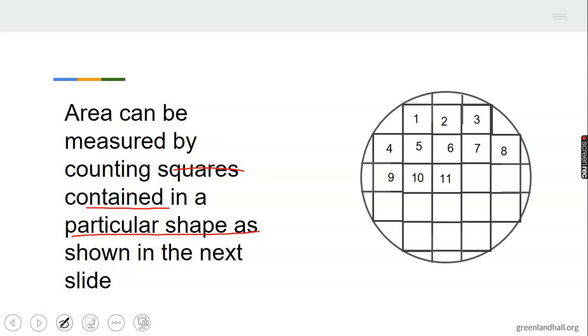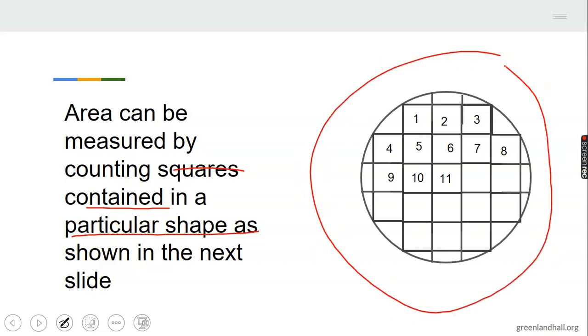Now, this is a circle. It contains some boxes. Some are complete, while some are not, like all these ones at the edge. They are not full squares.